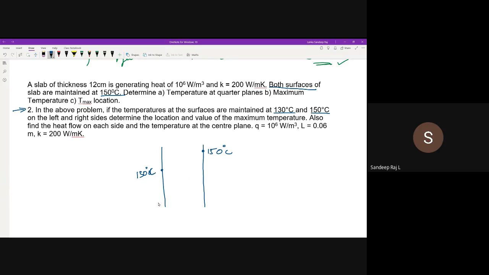And the thickness is given as 12 centimeters, the same as the previous question. And the L value and K value are given. The L value means 6 centimeters, that is 12 by 2.